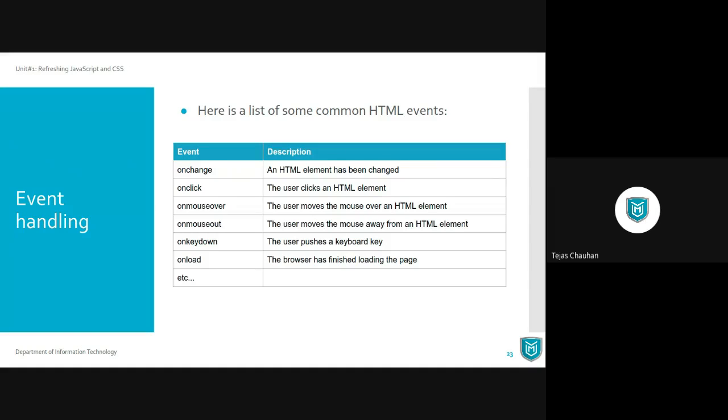Now, basic events you have already seen or used in your earlier pages, like onchange, onclick, onmouseover, maybe keydown, single click or double click, the dblclick event, and so on, right?